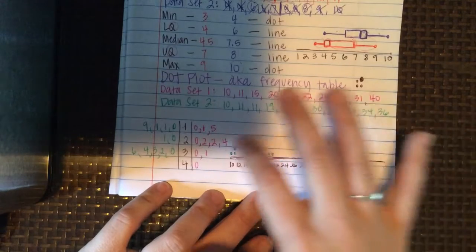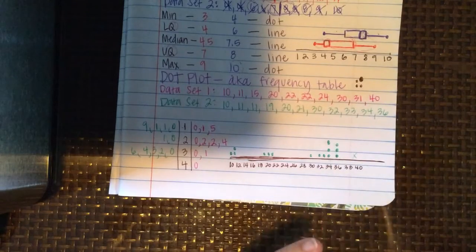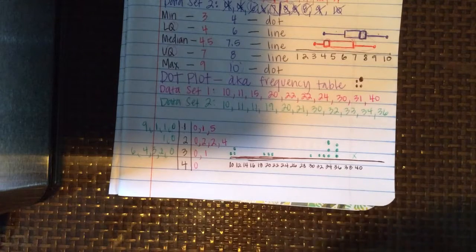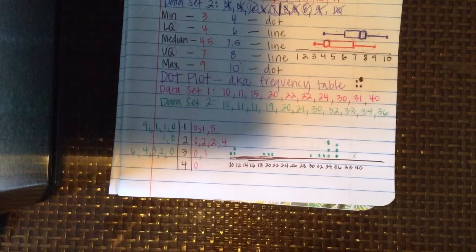So the dot plot has some flaws to it, right? It has user or creator error, that if your dots are too big or your X's are too big or the intervals aren't spaced enough, it can really mislead whoever's interpreting that graph. So you have to be really careful when creating dot plots.